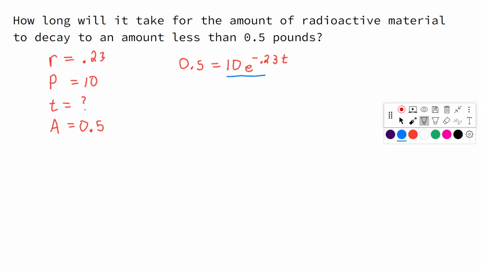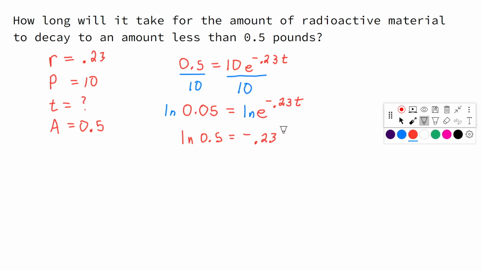We want to isolate the power of e, so divide both sides by 10. 0.5 divided by 10 is going to be 0.05 equals e to the negative 0.23 t. We can now take the natural log of both sides. Natural log is what we use to undo a power of e. So we're going to have natural log of 0.5 equals negative 0.23 t.